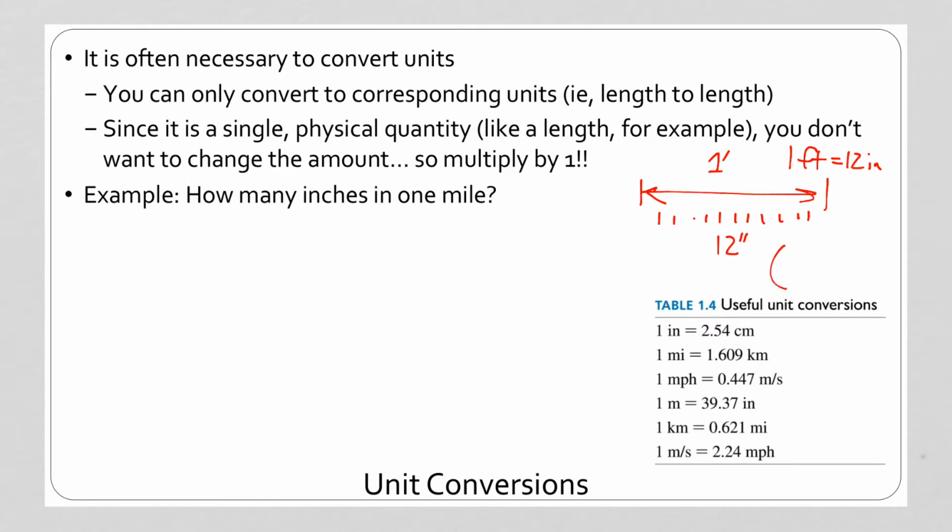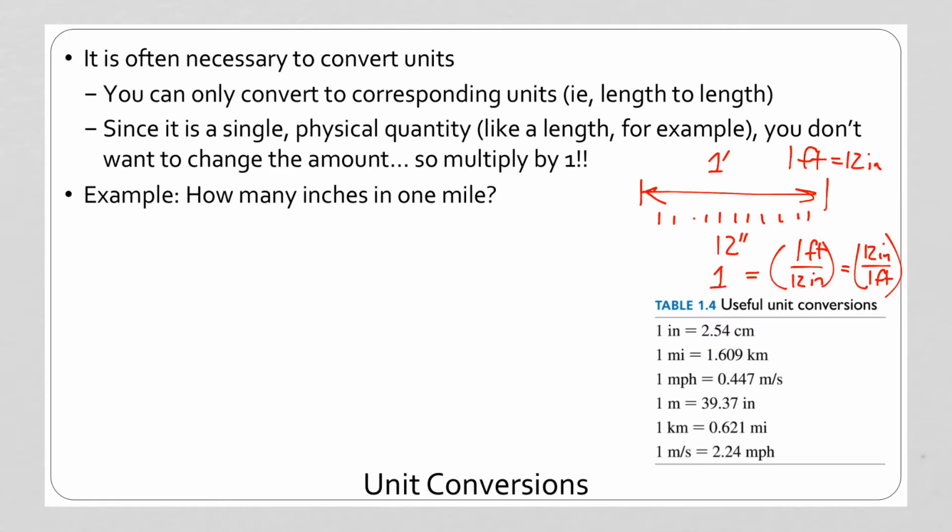So 1 foot over 12 inches, or 12 inches over 1 foot, either one of those equals 1, because this quantity divided by this quantity, these are the same quantities, so they would cancel out, and we get 1.